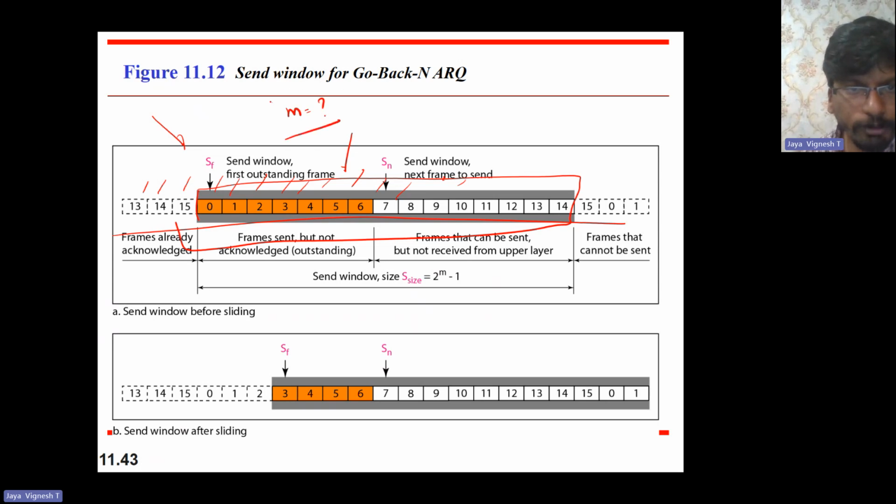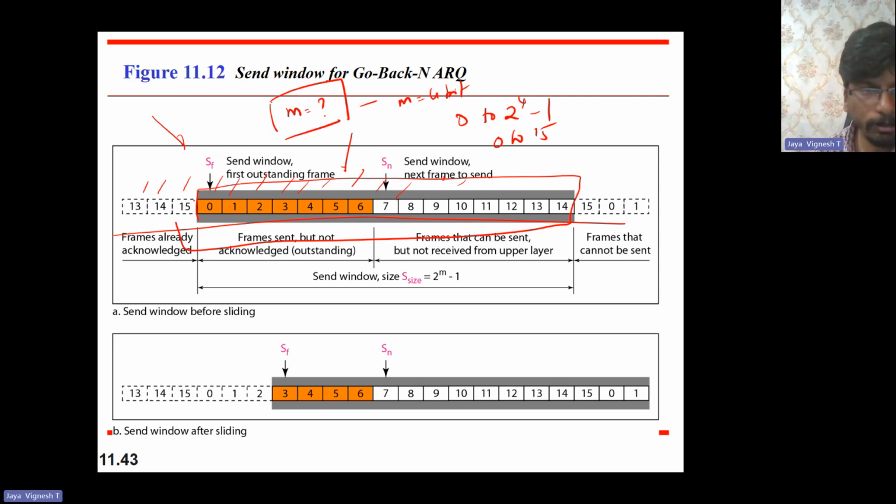The number of bits I've used for my sequence numbering here is a 4-bit sequence number, so my sequence numbers will be from 0 to 2 to the power of 4 minus 1, which is 0 to 15. But the window size is not 16 for the sender in Go-Back-N, it's only 15.